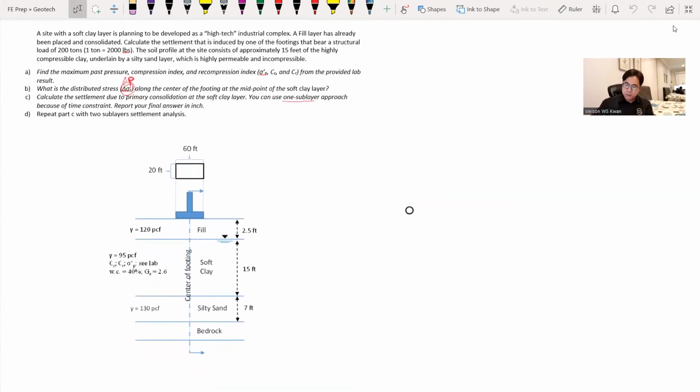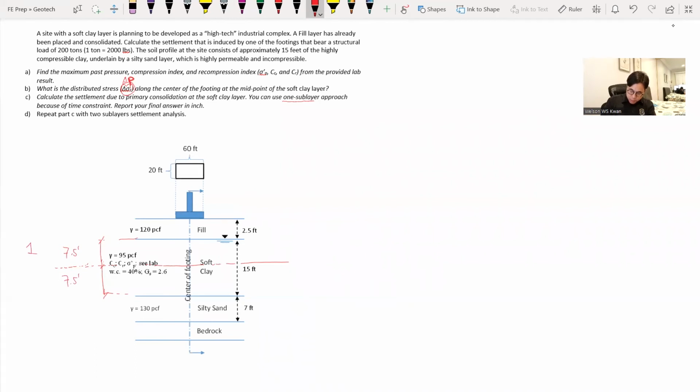Okay, part D now. What we try to do is, instead of one sublayer, we're going to perform the analysis for two sublayers. Which means we're going to break down our soft clay layer into two equal thickness sublayers, so each has 7.5 feet.